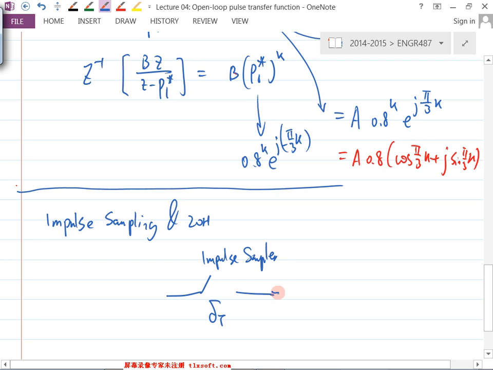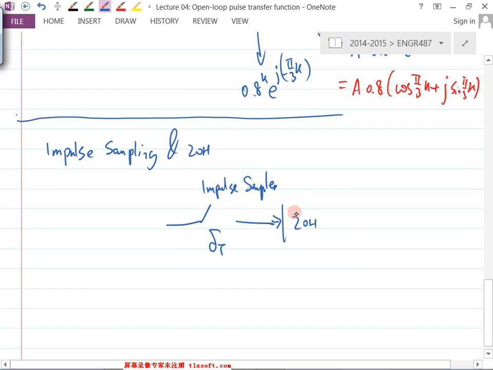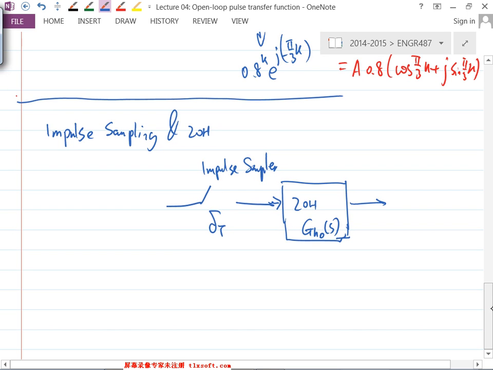Then if I have a zero order hold, and I'm using a transfer function to represent the mathematical model of this system, the zero order hold here, there will be something out of here, right? So if this is x of t, this is x star of t, and then you get y of t, for example.